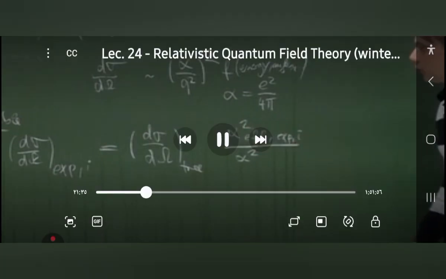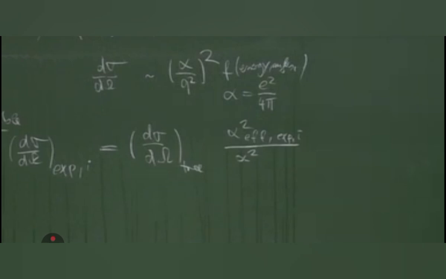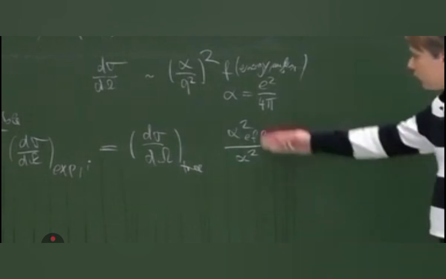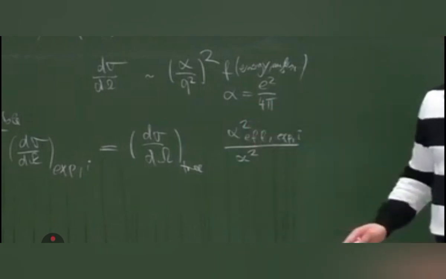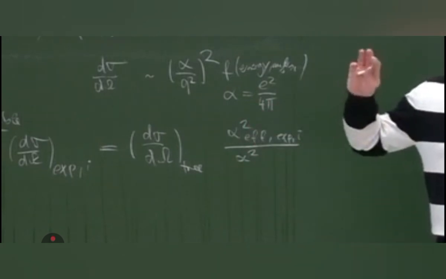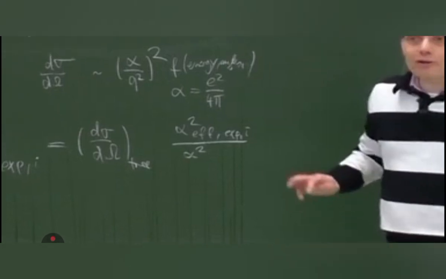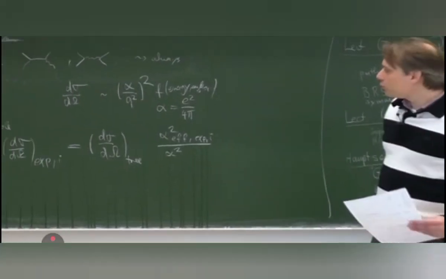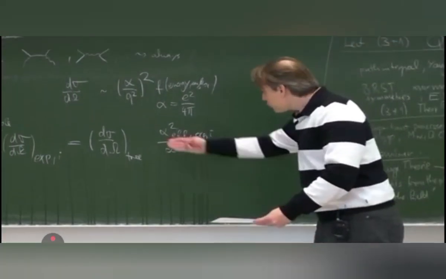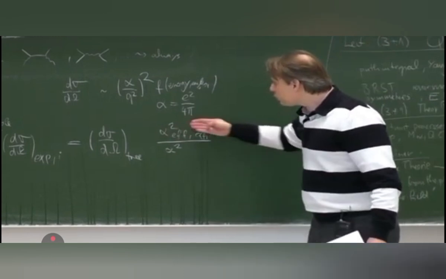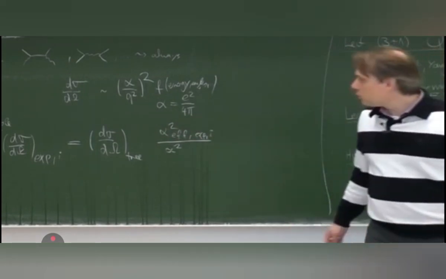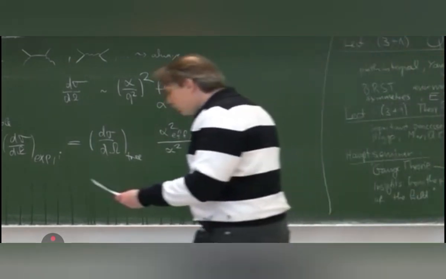A very simple way to communicate your result and compare the results of different experiments, and also compare with theory. And of course, that is a more theoretical way to look at experiments, but it's very useful for our lecture. So every experimental result could be communicated in this way, by defining an effective alpha.